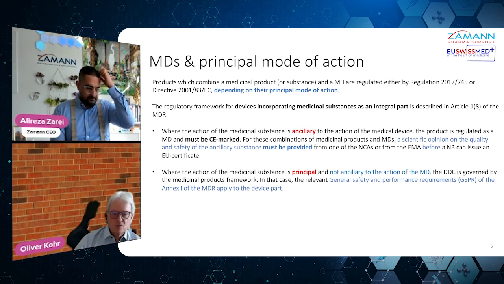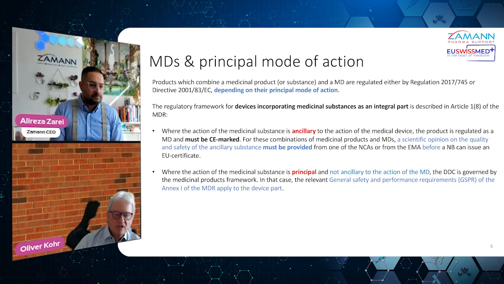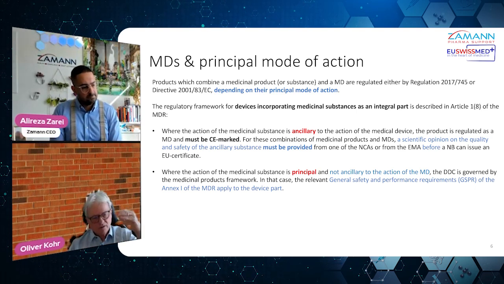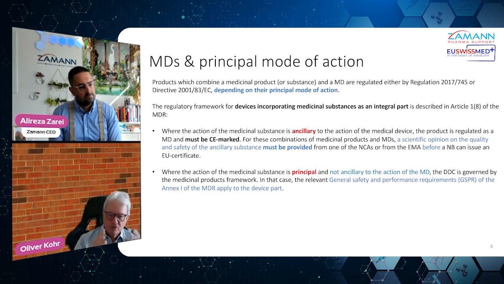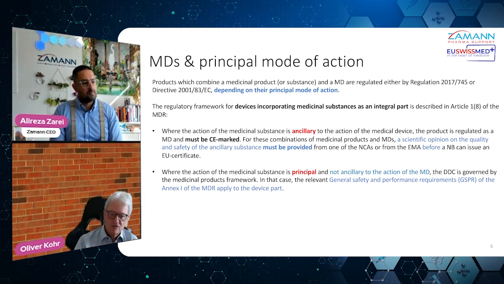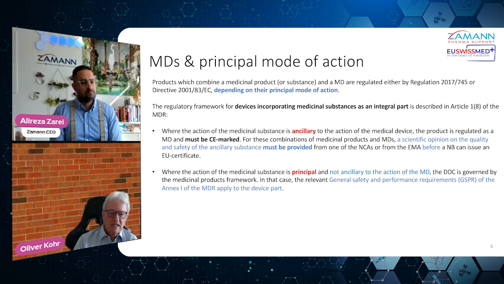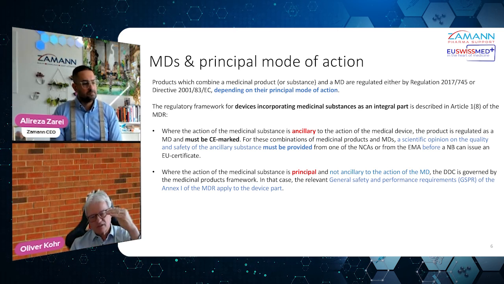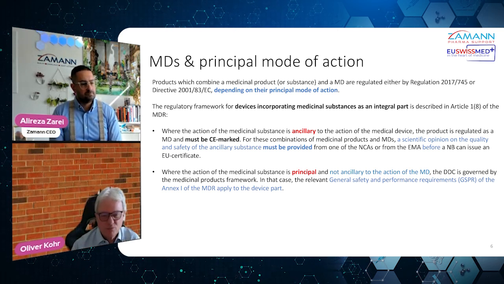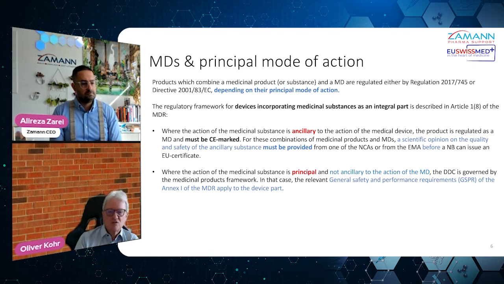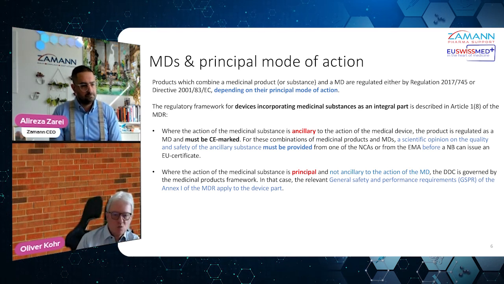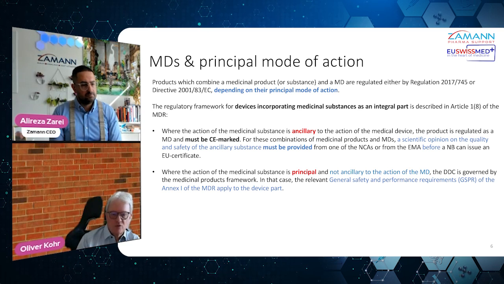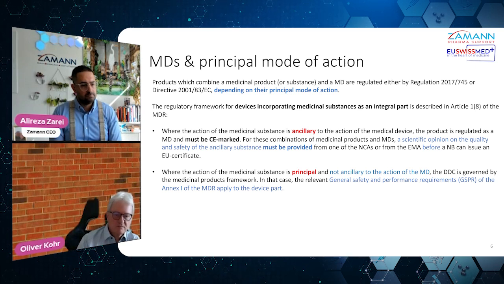But still, you have to observe, and now comes the key point, the MDR has a huge Annex 1 you may know of, with everything you have to provide: risk management, what risks you have to address, what you have to document. And this huge thing, the GSPR, I'm sure you have a checklist, most likely in your company already. You have to go through and address the points of this Annex 1, the General Safety and Performance Requirements, GSPR, in abbreviation.